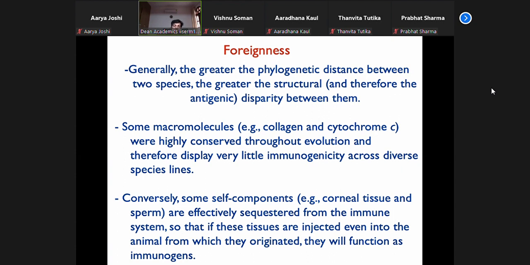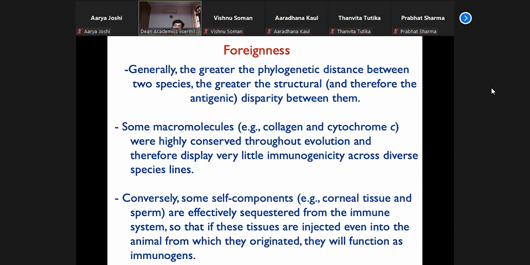Some macromolecules, for example collagen and cytochrome C, are more or less conserved through evolution. If you look at the composition of collagen and cytochrome C, they are more or less conserved from one species to another. That is why it's not easy for your B cells and T cells to recognize these antigens.